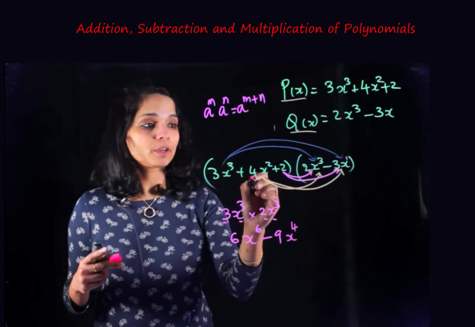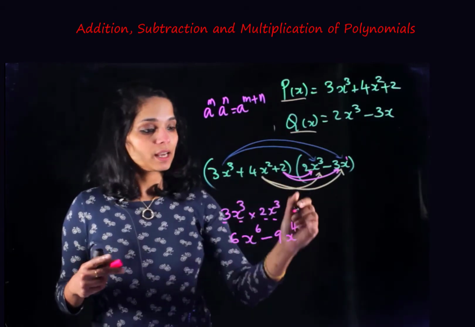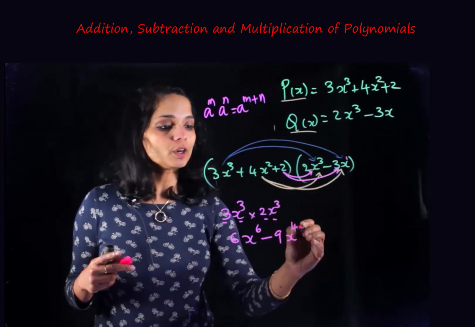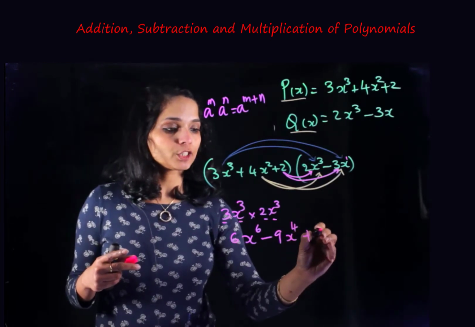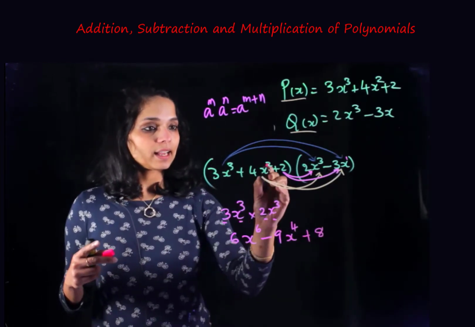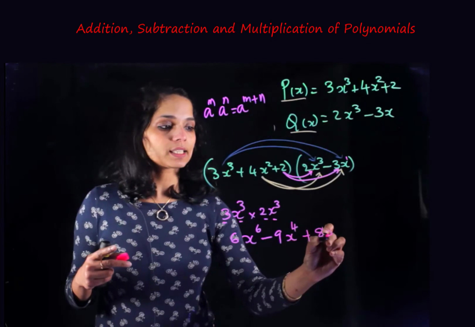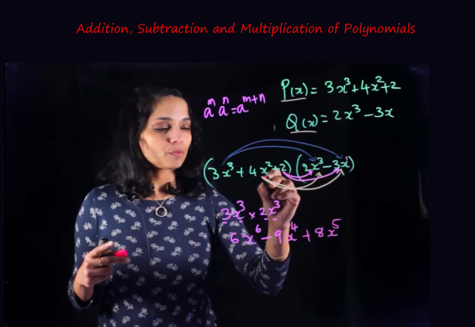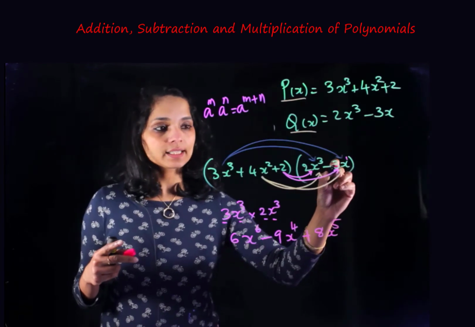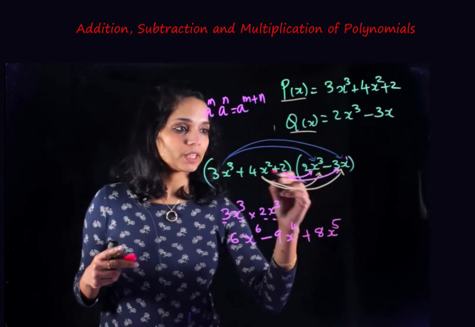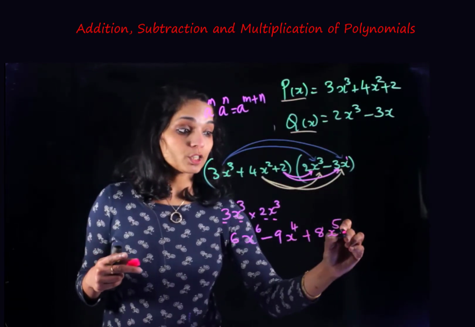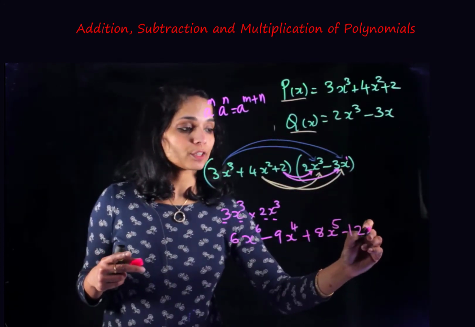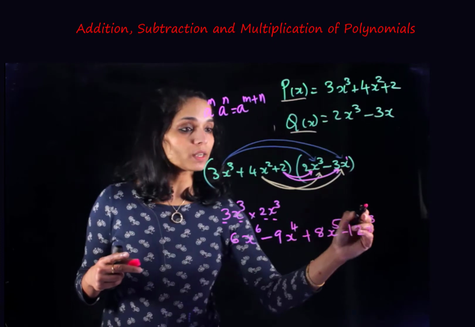Next we need to multiply 4x² with these two terms. That will be 4x² times 2x³. The coefficients multiply to give 8, and x² times x³ is x to the power 2 plus 3, which is 5. Then 4x² times minus 3x: the coefficients multiply to give minus 12, and x² times x is x³, which is 2 plus 1.